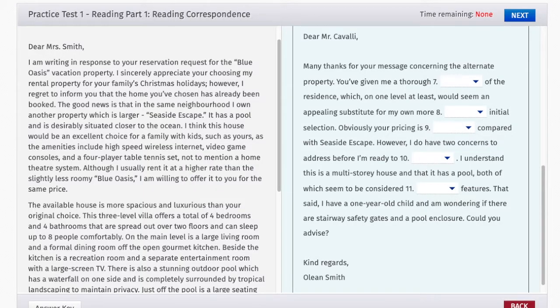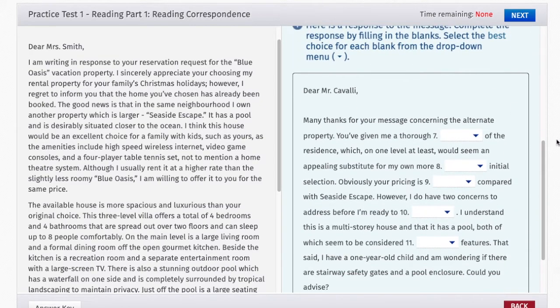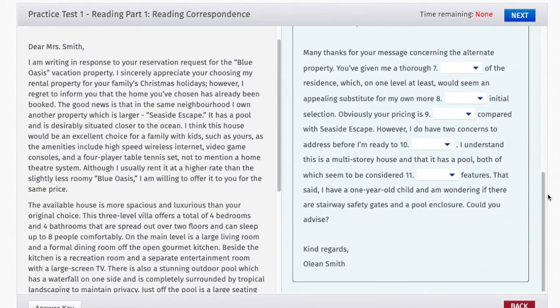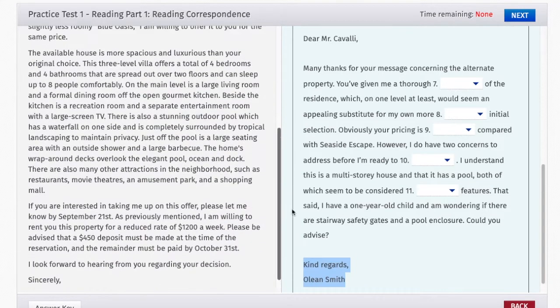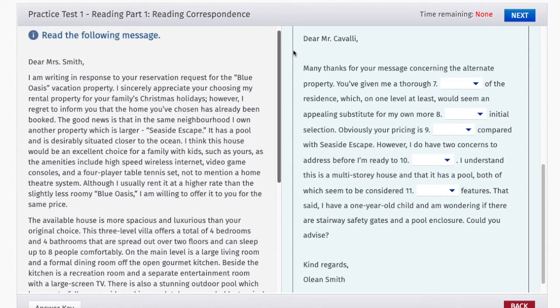So, looking at our example, we're now looking at the response message over here, and it's questions 7 to 11. So first, it's very important to understand that the characters have changed. In the email, it was Sandro Cavalli writing to Mrs. Smith.